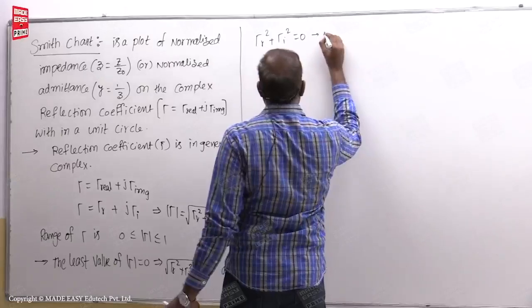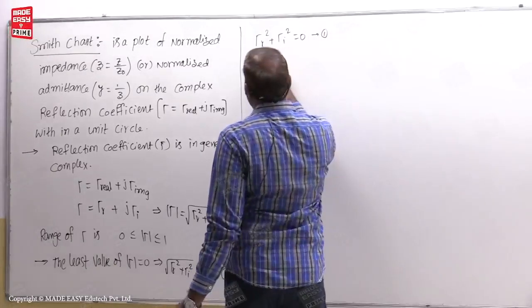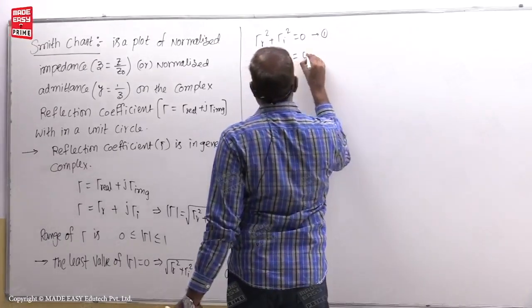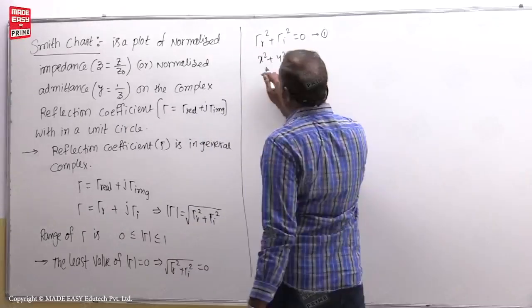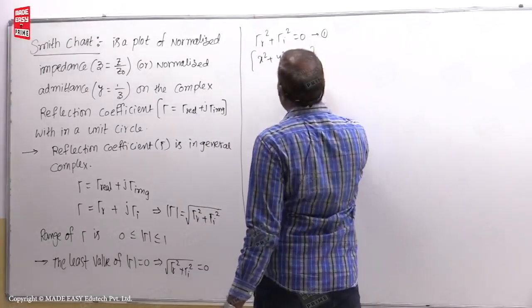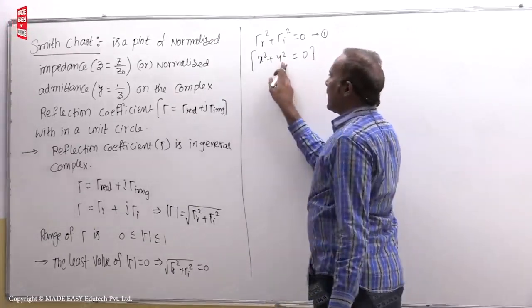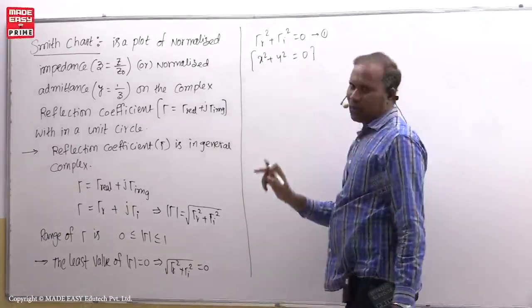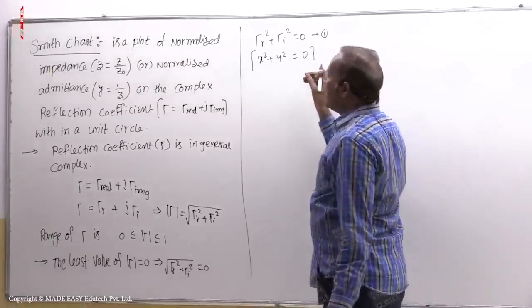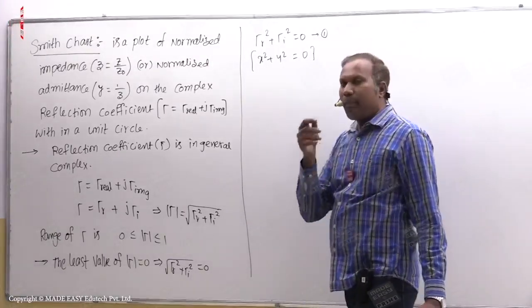Let us say this is equation 1. It is like x square plus y square is equal to 0. So this is a circle equation on xy plane with center 0, 0 and radius 0. Any circle of radius 0 means that is a point actually.